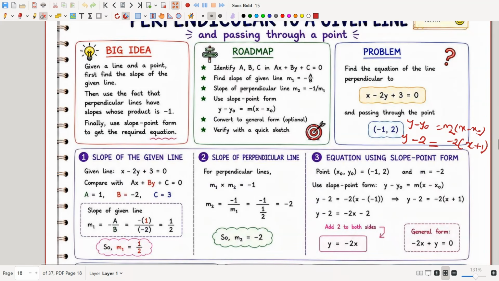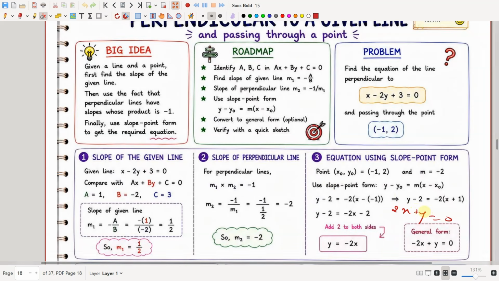So y minus 2 is equal to -2x minus 2. Cancelling the -2 on both sides, I get y is equal to -2x, which means 2x plus y is equal to 0.